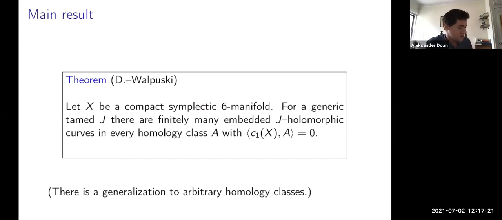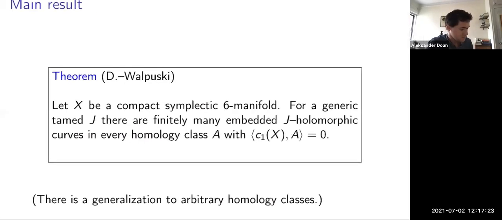This is joint work with Thomas Walpuski. It says that if X is a compact symplectic six-manifold, then for a generic tamed almost complex structure J, there are finitely many embedded J-holomorphic curves in every homology class which satisfies this condition for virtual dimension being 0.